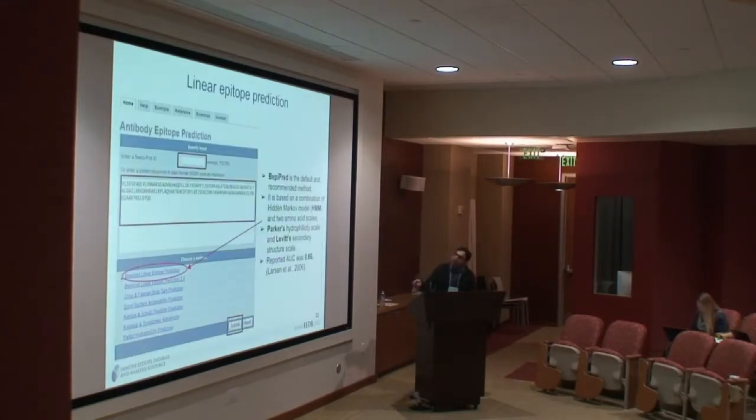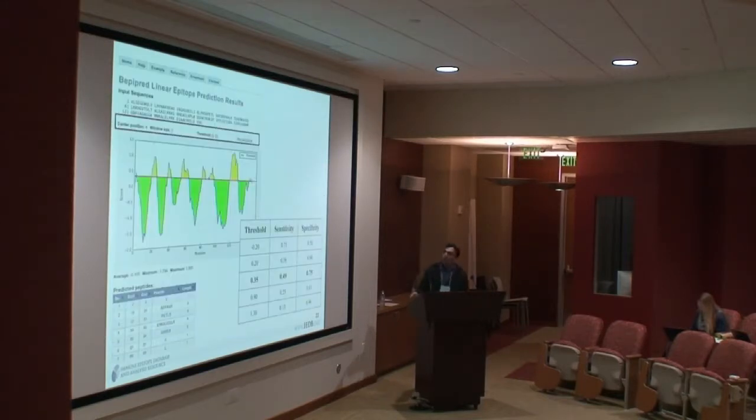If you submit your sequence, or if you have a Swiss-Prot ID, you can enter it here, choose the method of your choice, submit the job, and you'll come to the results page. Now there are two things which you can change: window size and threshold. I would not recommend changing window size, but the score threshold is a pretty important thing.